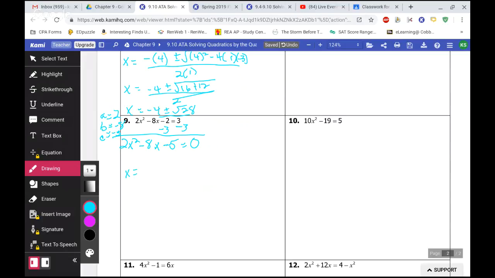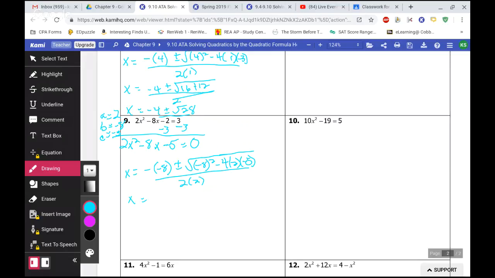So now I'm going to plug that into the quadratic formula. The opposite of -8, so the opposite of B, plus or minus the square root of -8 squared minus 4 times 2 times -5, all over 2 times 2.